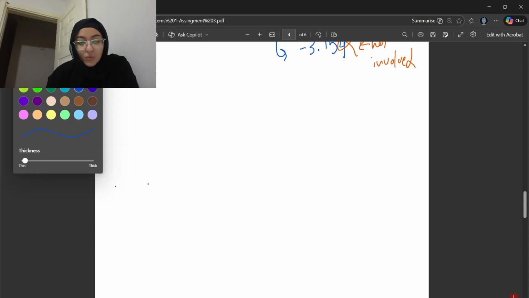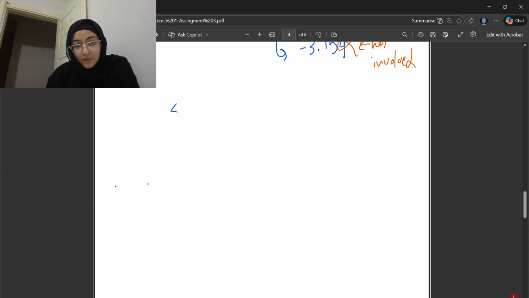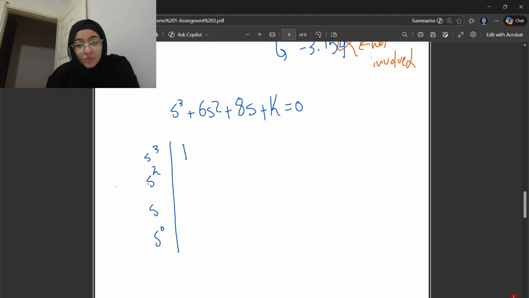Also for this we need the characteristic equation: s cubed plus 6s squared plus 8s plus k equals 0. Here we make the table: s cubed, s squared, s, s 0. It's 1, 8, 6, k, and here is k. We need to find the a.